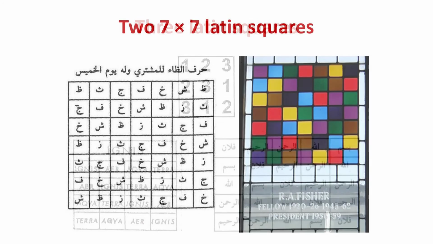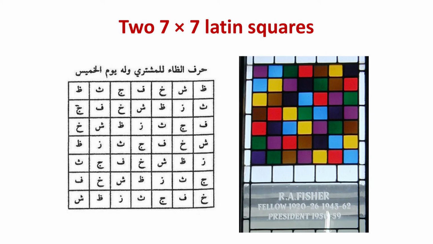More complicated are these 2 Latin squares of size 7. On the left, from an Arabic text by Albuni, there's a 7 by 7 square, and on the right is a window at Gonville and Caius College, Cambridge, commemorating the statistician R.A. Fisher, who was a pioneer in the use of combinatorial designs in agricultural experiments.